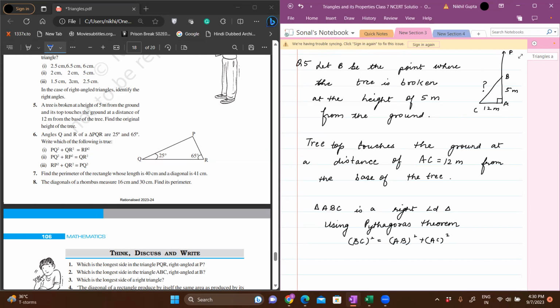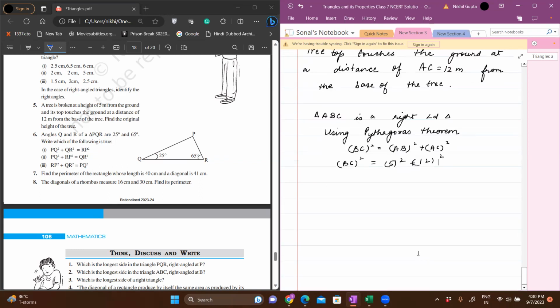BC is actually what we do not know, so BC square will remain as it is. AB is 5 square plus 12 square. So 5 square is 25, 12 square is 144. So BC square is equal to 169. So we can say that BC is equal to 13 meters.